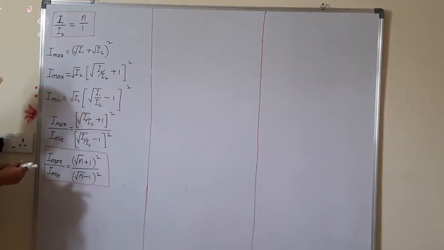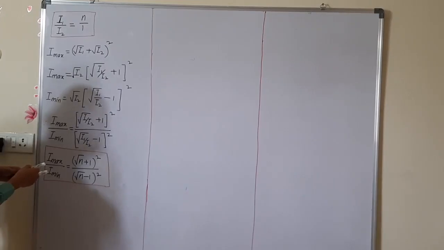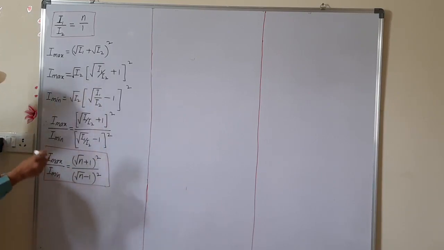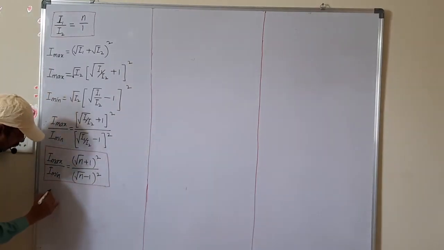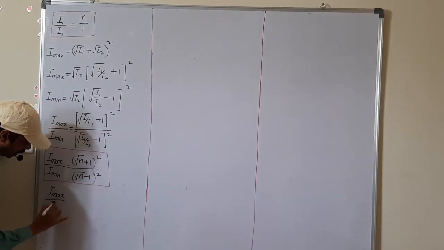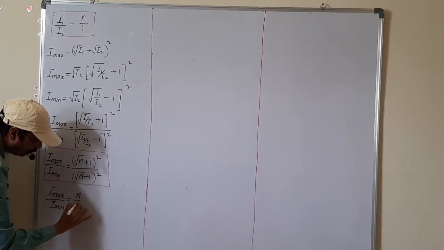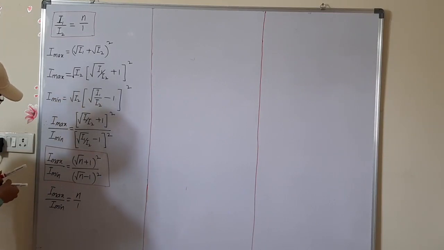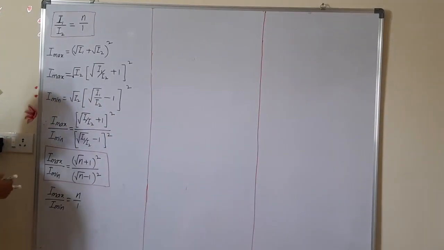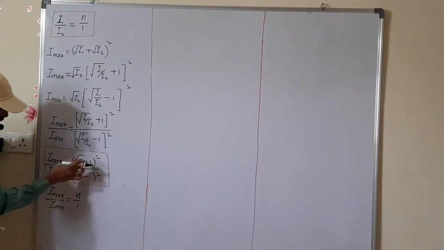Now the second condition, what will happen? Sometimes they will give minimum intensity. Sometimes they will give the ratio of I maximum and I minimum is equals to n upon 1, means n, they will give like that. According to that, to find the individual intensities, same formula we can use.